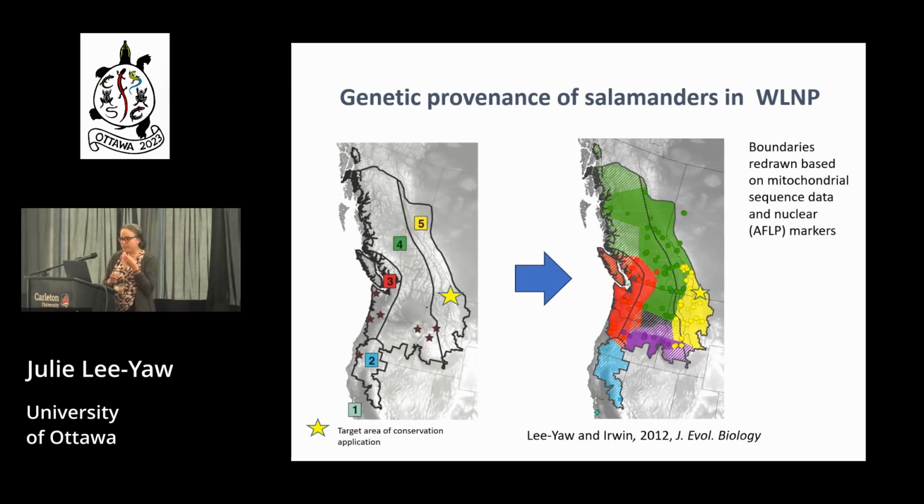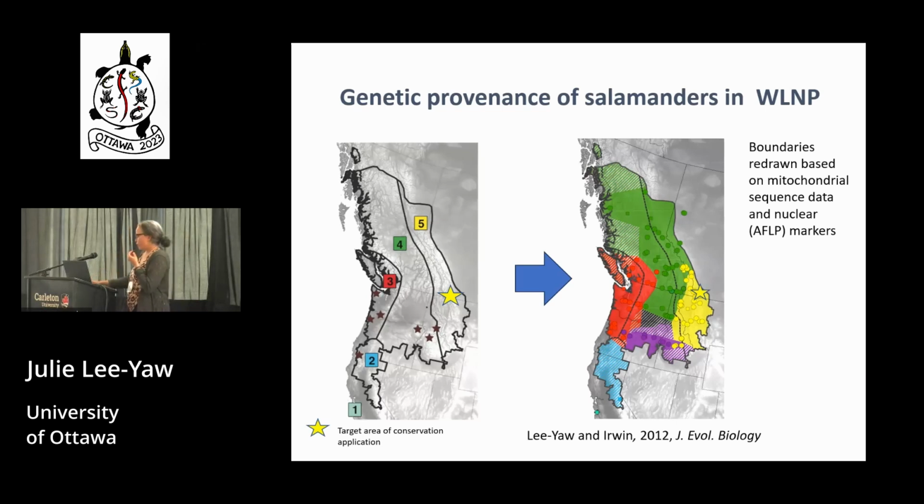There's some indication that in Alberta, in our area of conservation interest, we actually have two different genetic lineages. So you can't just go up to Banff. In fact, if you go up to Banff, there's a little area with some cytonuclear discordance, and some indication that there's hybridization going on.